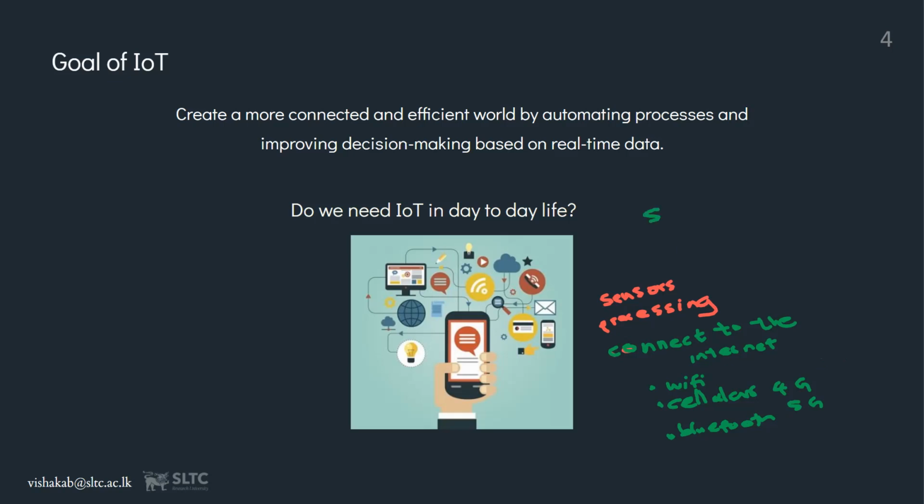Basically, therefore, a smartphone is something that we can consider as an IoT device, which has all these features that we mentioned: sensors, connectivity, and processing power. So this enables us to use the smartphone in order to obtain the information that we need in our day-to-day lives. I believe that we have come to the stage that we cannot live without smartphones.